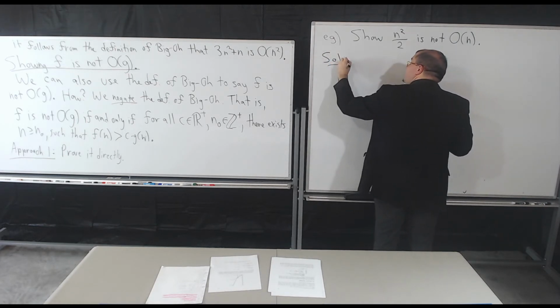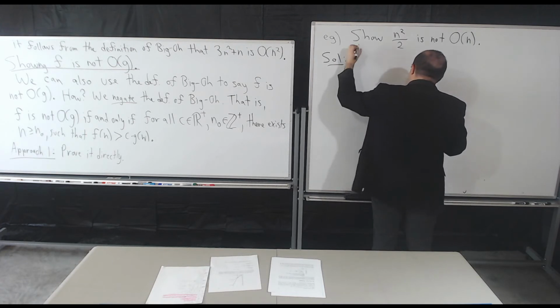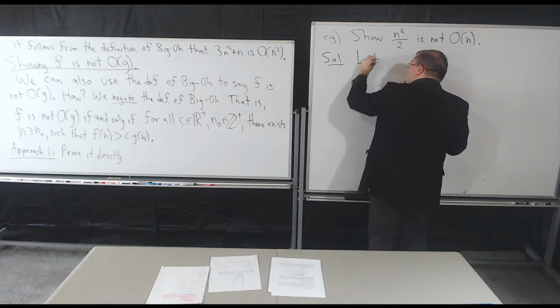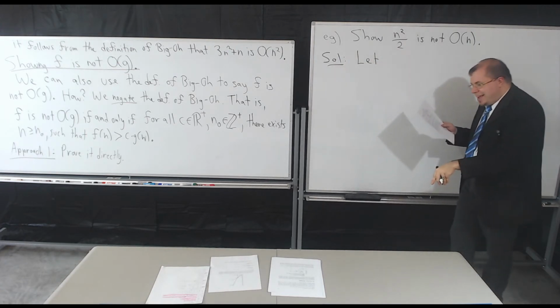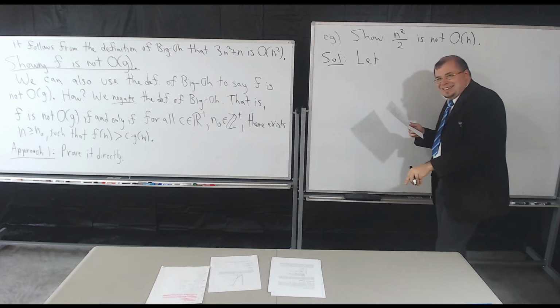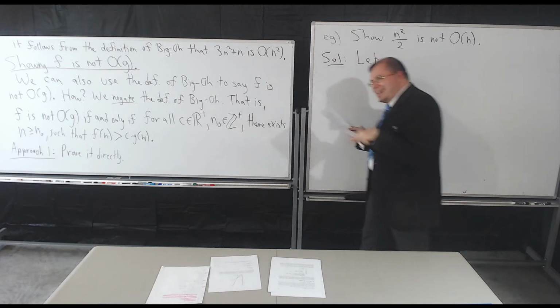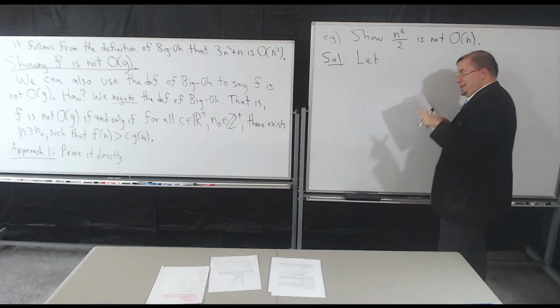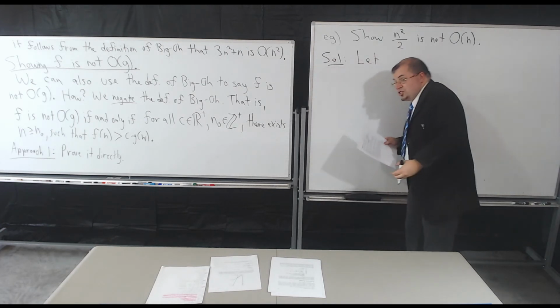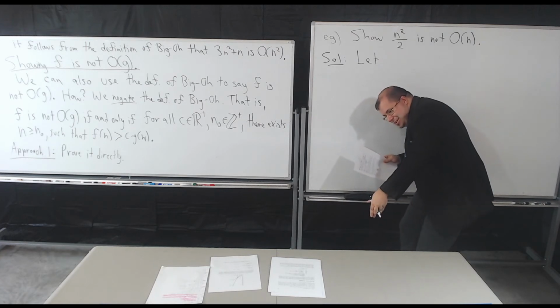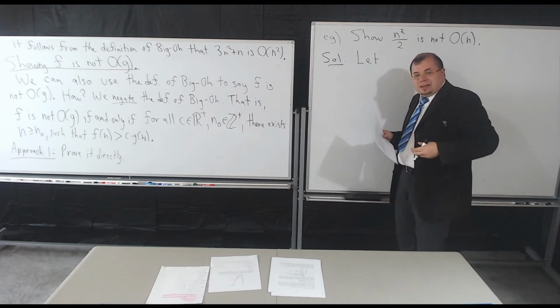Now I'm just going to give you the game plan. Remember, imagine me as a gremlin hiding underneath the table. I have my C and N0. Your job is to make it so no matter which C and N0 I give you, your proof better work. So the first part is me, the gremlin underneath the table, telling you what I'm going to give you.